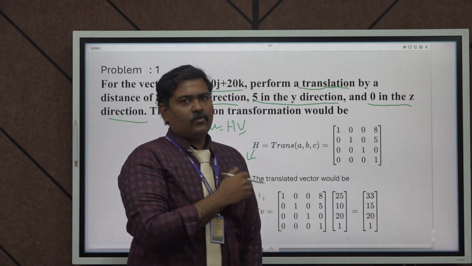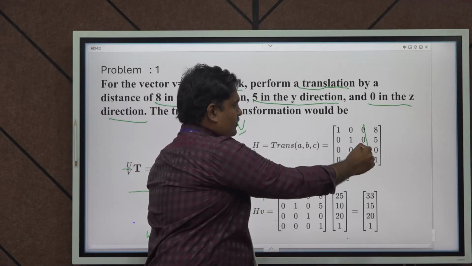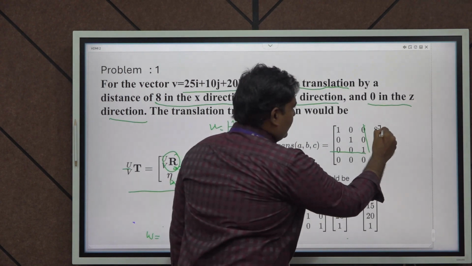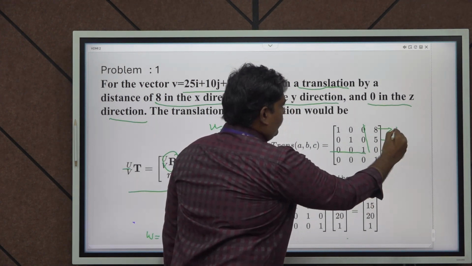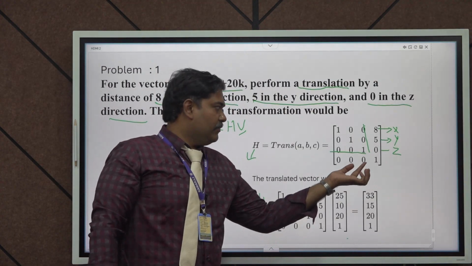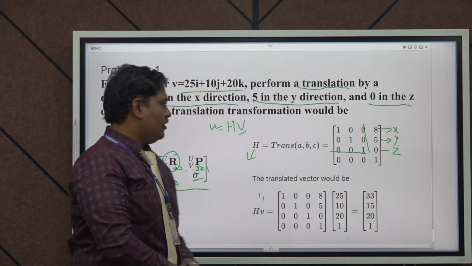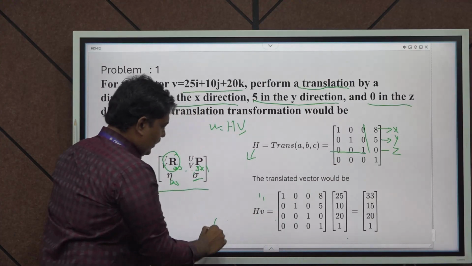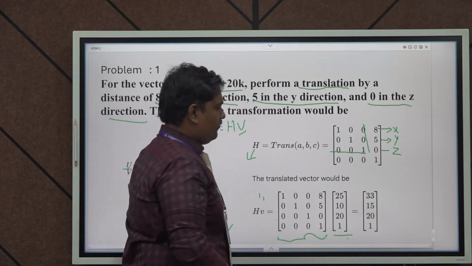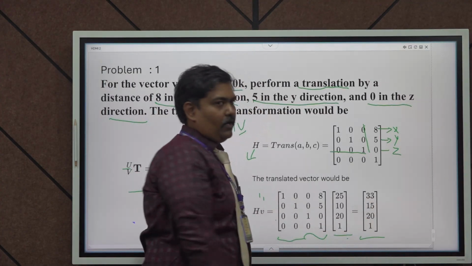In this problem there is no information about rotation, so we can take it as the identity matrix. Here they have given only the position vector, that is 8 in x-axis, 5 in y-axis and 0 in z-axis. Since we have no information about the perspective vector, we can keep it as 0 and we have scaling factor 1. Substituting all the values, HV can be written with the transformation matrix and the initial vector value, and the answer will be 33, 15, 20 and 1.